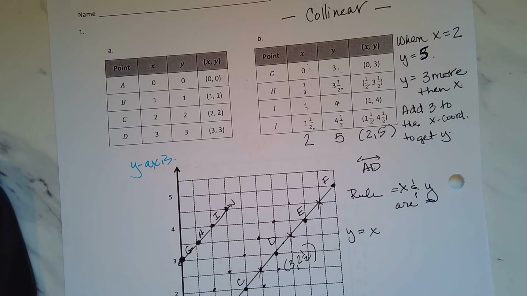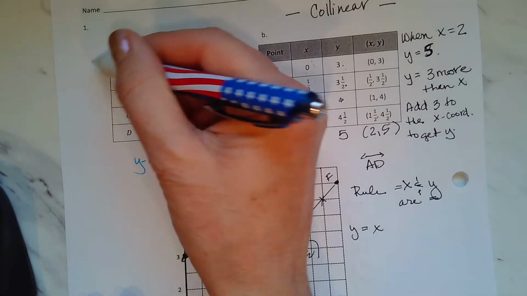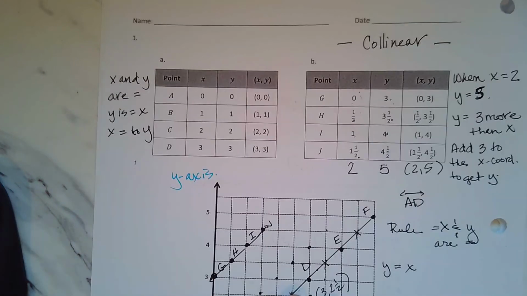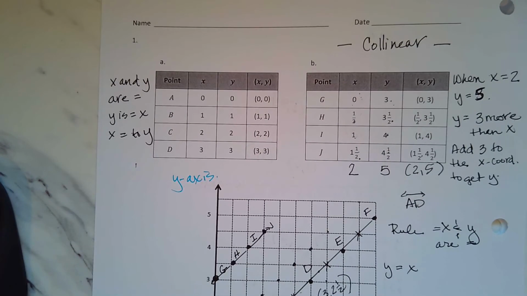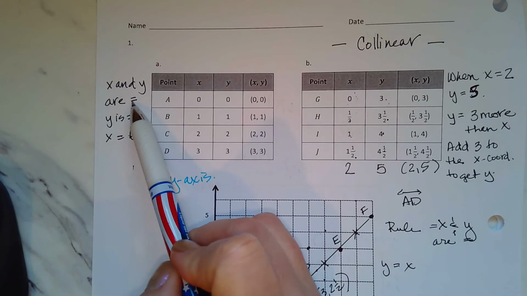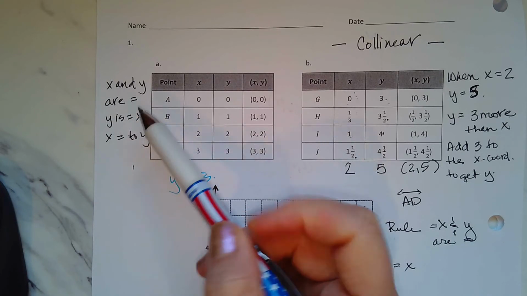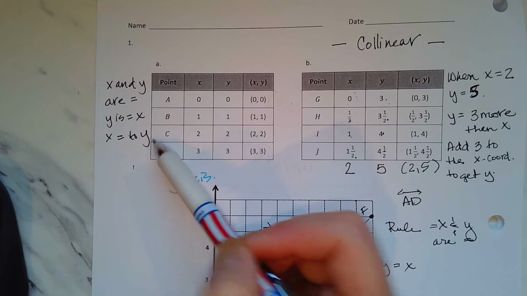All right, now I want you to come up and I want you to write your rule for this chart on this side. All right, so were you able to write something like this? X and y are equal. Y is equal to x. X is equal to y.